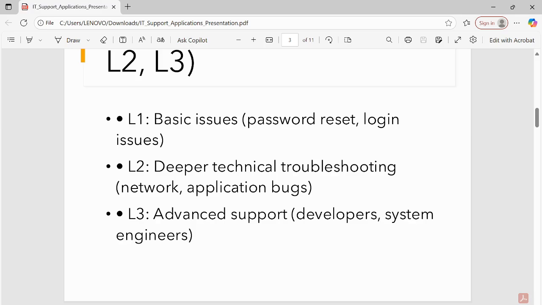If you are working on an enterprise content management application, you should have deep technical knowledge: what the workaround is, what the technical issues are, and what the workflow is to use this application. This is L3 support, which means technical knowledge should be there.